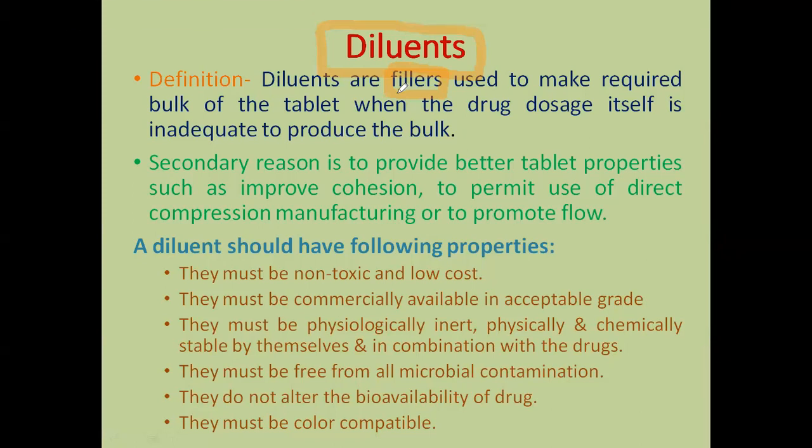Okay, so as the dose of the drug is less, to have a specific bulk we are going to use certain types of agents, and these agents are called fillers. Whatever weight is required to have a sufficient bulk in a tablet dosage form is provided by the diluents.